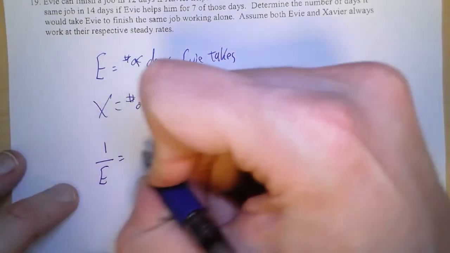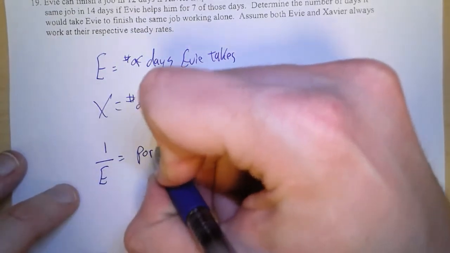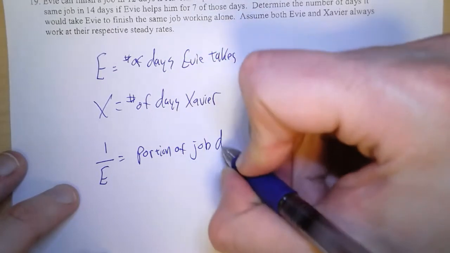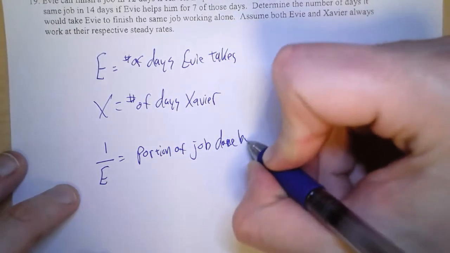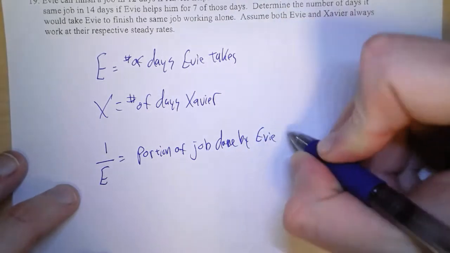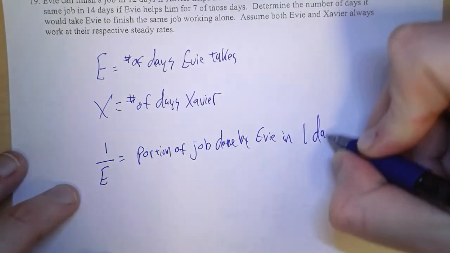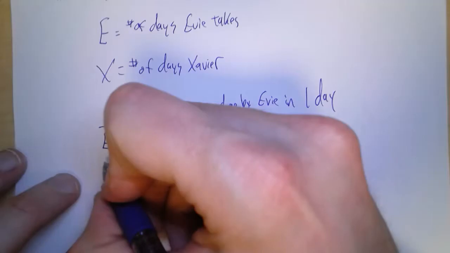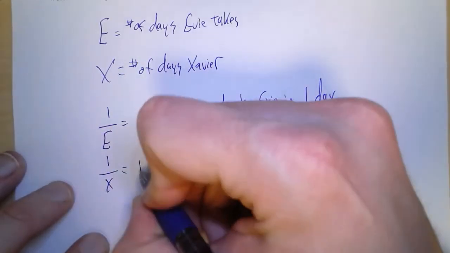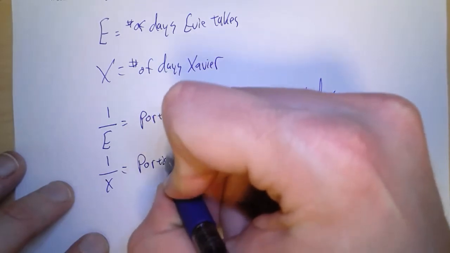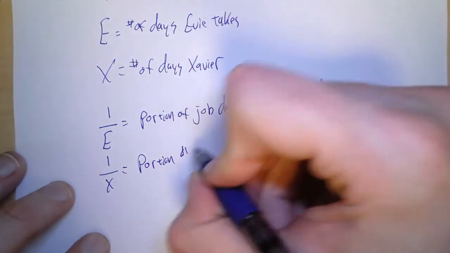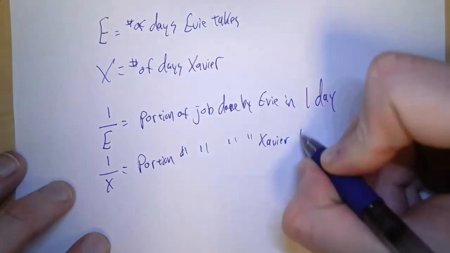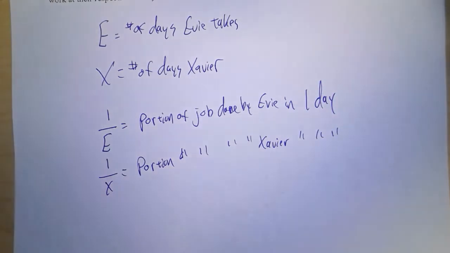Now 1 over E is the portion of the job done by Evie in 1 day. So then we know, okay, then 1 over X is the portion of the job done by Javier in 1 day.